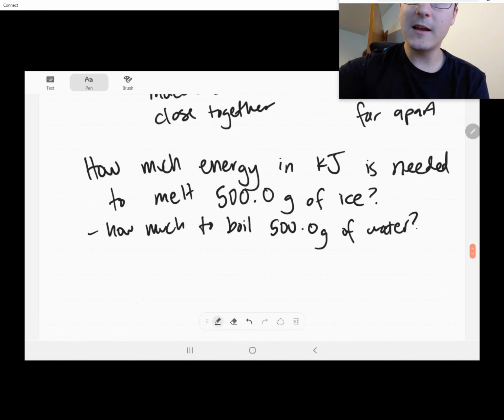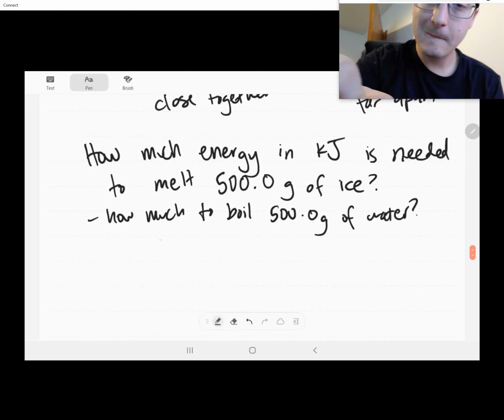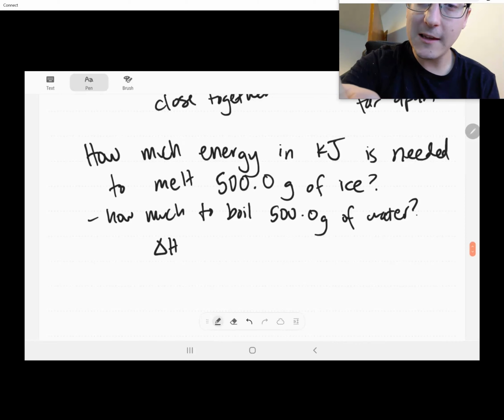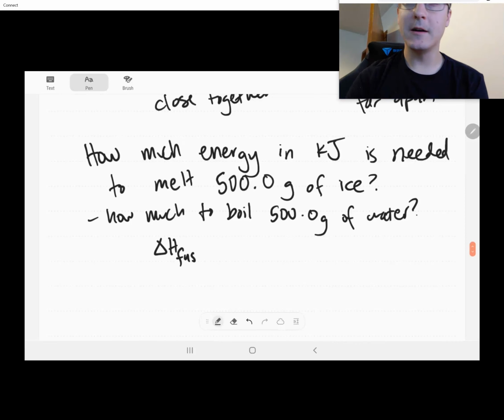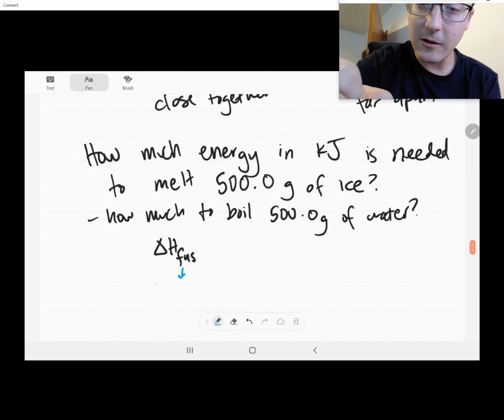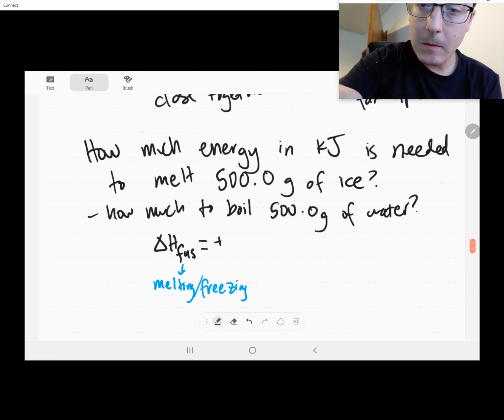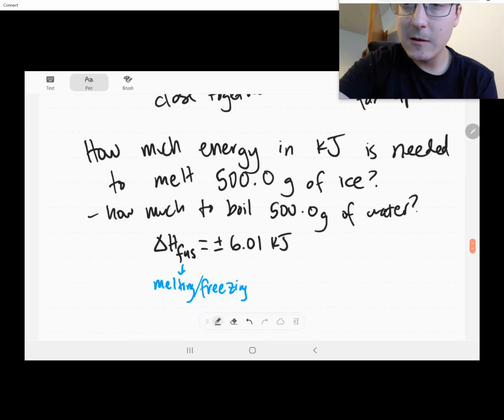Okay, I'm going to give you two constants here. I'm going to give you delta H fusion. Fusion, by the way, is what we call melting and freezing. And that is 6.01 kilojoules per mole.